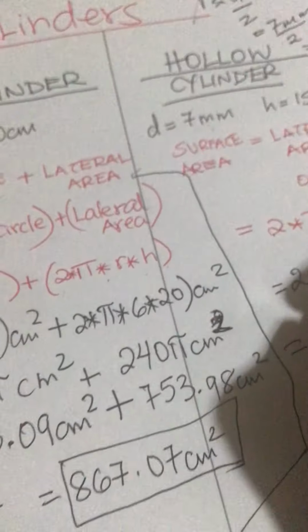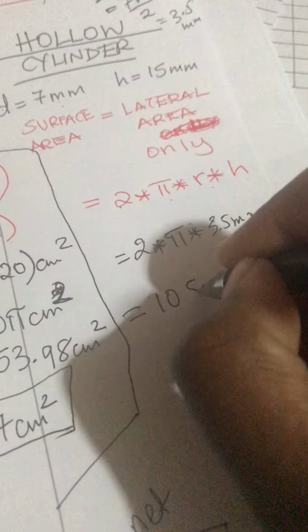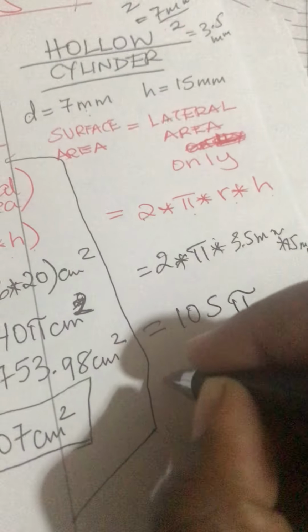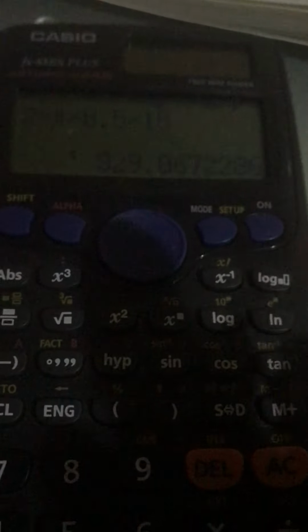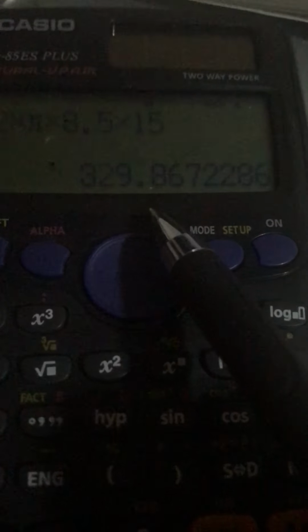You get 105 pi. And then you change it to decimal. 329.86.